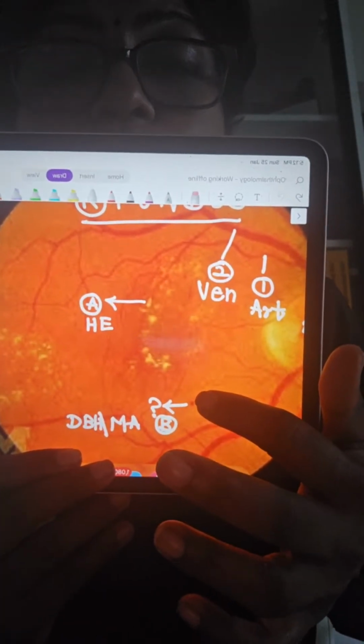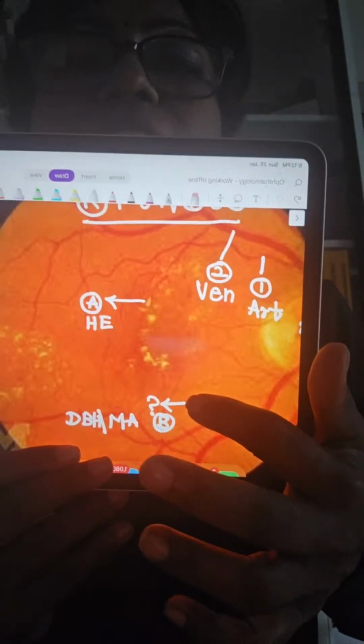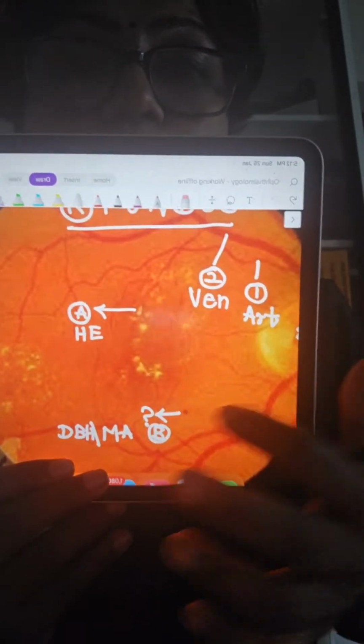Whereas if it were a dot blot hemorrhage, it will appear as a black spot on the FFA. Is that clear to everyone? Because there was a question once where they asked you, how does a microaneurysm appear on an FFA? It was way too much for a NEET PG, but anyway, we should be prepared, right? So you know how to differentiate these red dots.